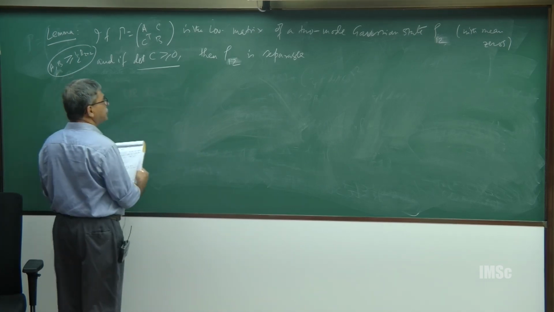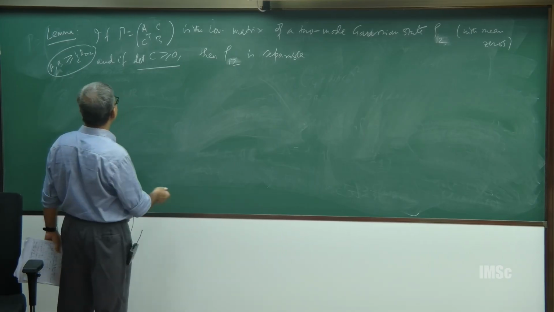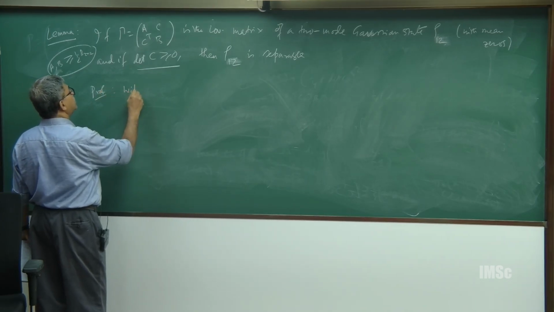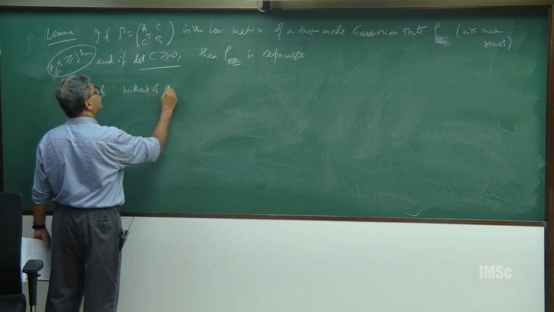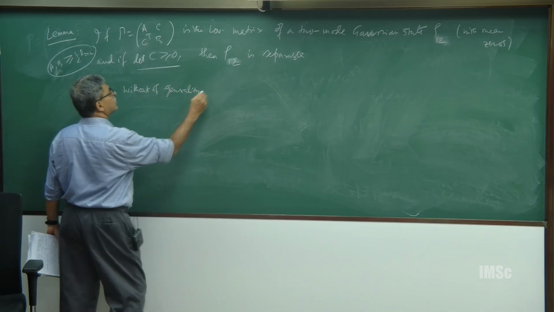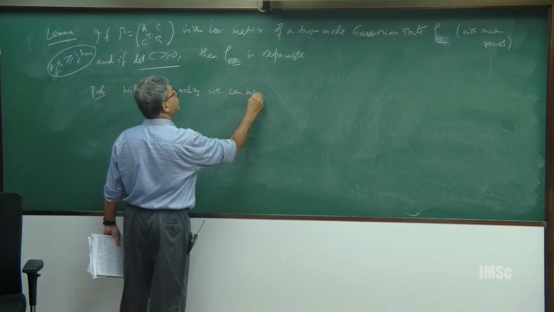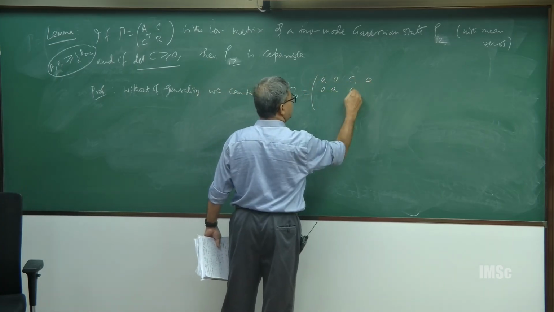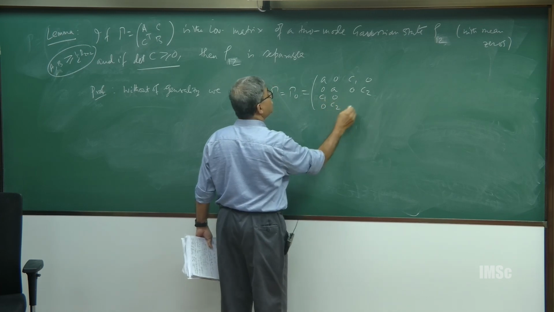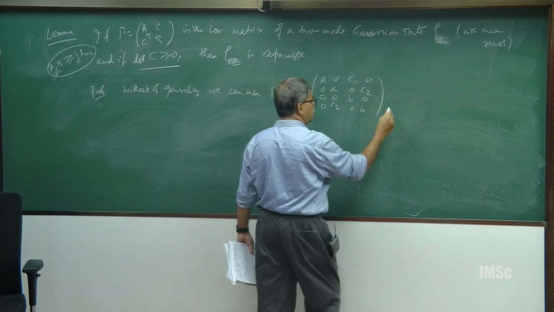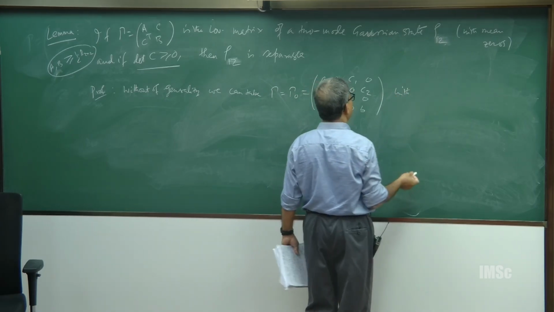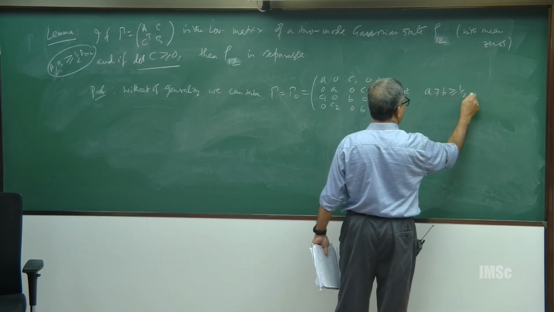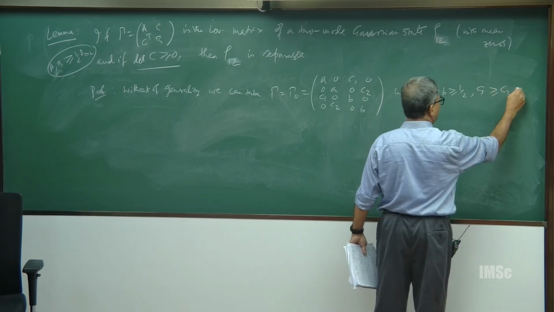Now, as I said, if I want to prove this, without loss of generality, we can take gamma equal to gamma naught equal to A 0 0 A, C 1 0 0 C 2, C 1 0 0 C 2, B 0 0 B, with, as I said, you can take A greater than or equal to B greater than or equal to half, C 1 greater than or equal to C 2 greater than or equal to 0, right.